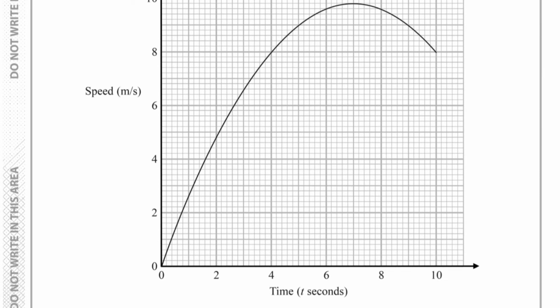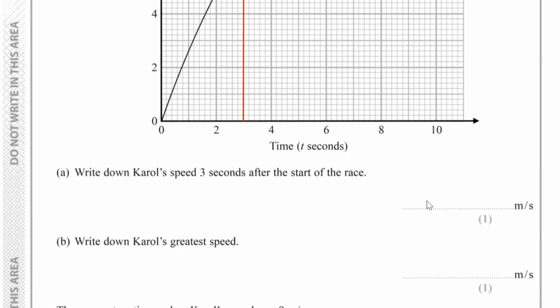So, if I draw a line up from 3 and then read across, we get 6.6. So we have 6.6 meters per second. For part B, we have to write down Carol's greatest speed.